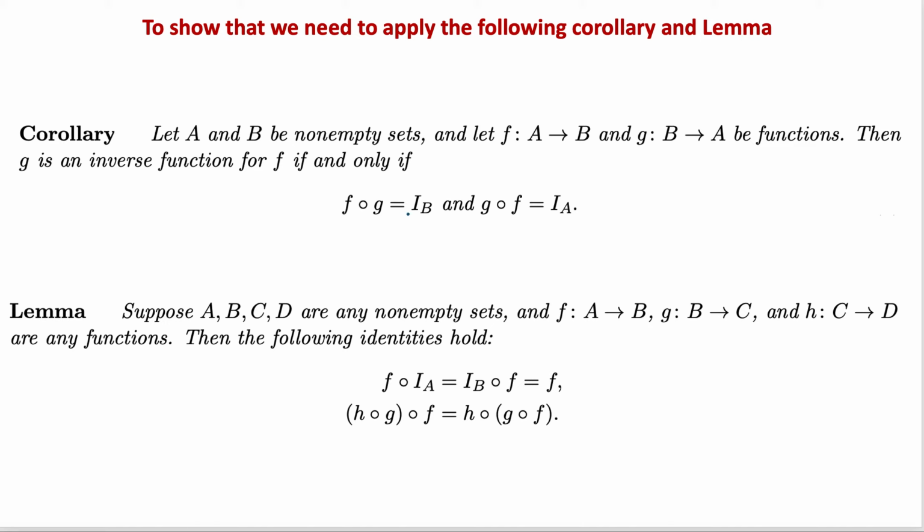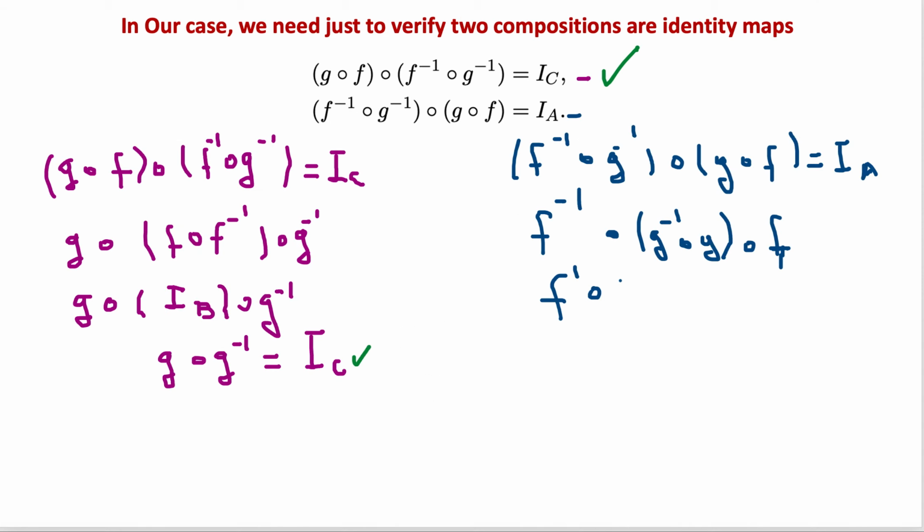You see, f and g is identity B, or g and f is identity A. But in our case, because we are going from set C to set B, this identity is going to be identity B. And composition with function f.